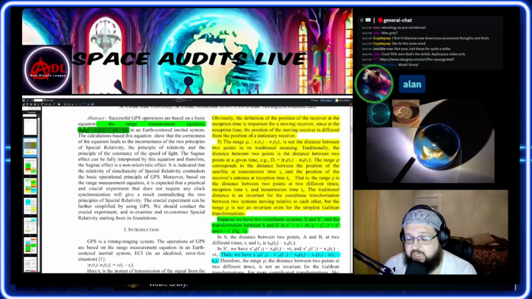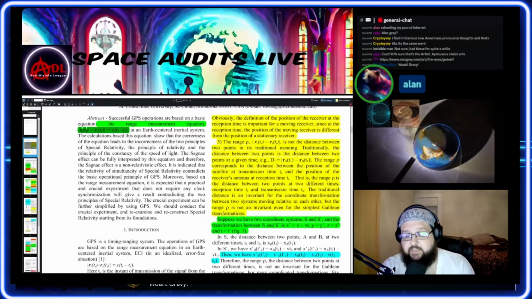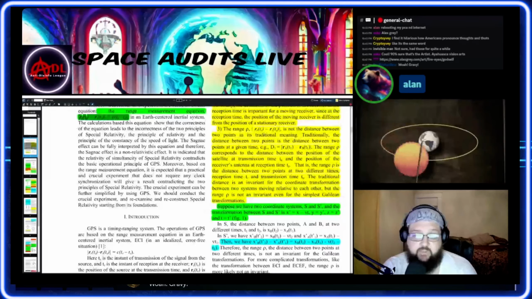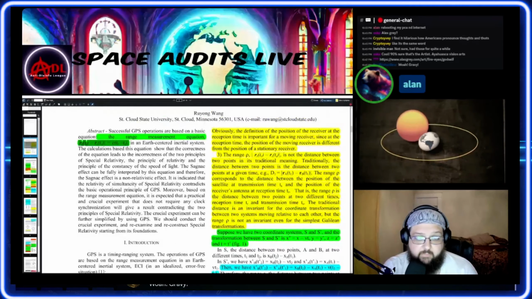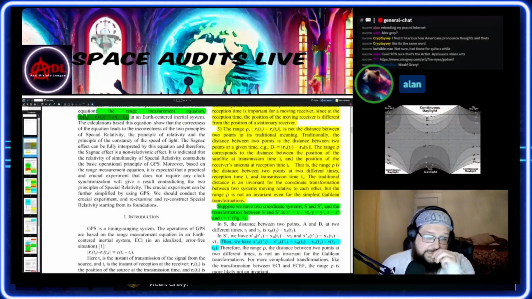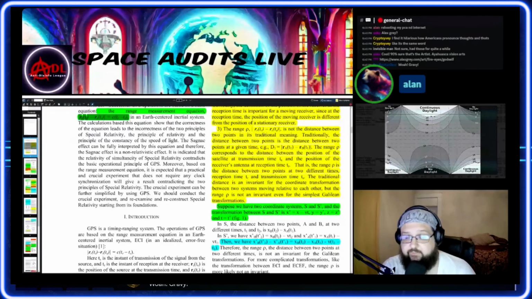They basically just do timestamps, so it takes a snapshot of when it sent the signal and then when GPS gets the signal, right? And that's how they derive the actual true distance, accurate up to the millimeter, right? Now when they transfer it to another coordinate system, that distance changes, which isn't supposed to happen if you're using the right equations. Otherwise, you're going to have to apply corrections after the transformation.